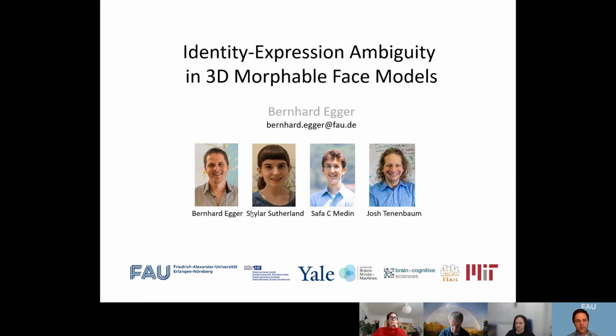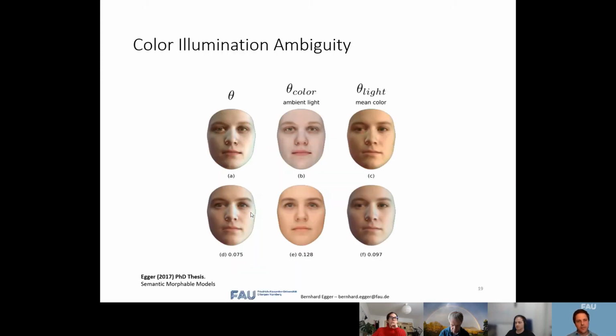And I just want to quickly present to you 2 different ambiguities that were previously explored. One of them is the color illumination ambiguity, and that's something that you might know from classic experiments where you have a red ball and you have a green light, and then you can't really tell what color the ball has. And then, of course, we use priors to resolve those ambiguities.